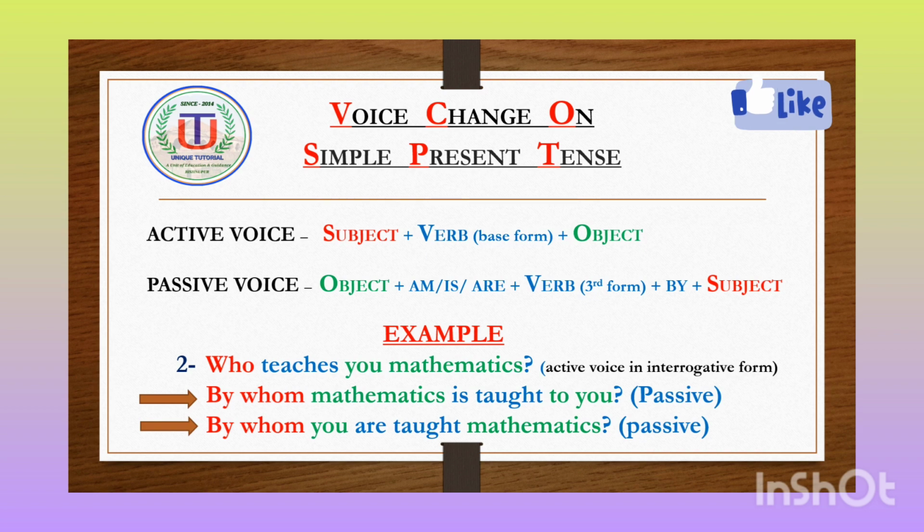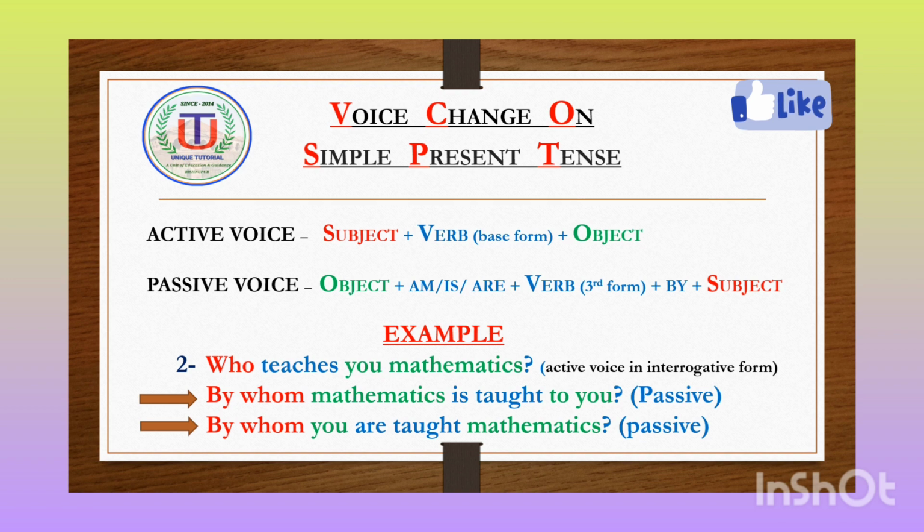Here is another example for you. It is also in simple present tense. The sentence is: who teaches you mathematics. The sentence is in active voice but in interrogative form. So first of all, I want to tell you that in passive voice, who will change to by whom. Then according to the structure in passive voice, the object will come first.